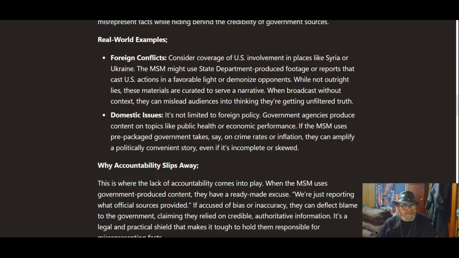Domestic issues. It's not limited to foreign policy. Government agencies produce content on topics like public health, COVID, or economic performance. If the mainstream media uses pre-packaged government takes, say on crime rates or inflation, they can amplify a politically convenient story, even if it's incomplete or skewed.